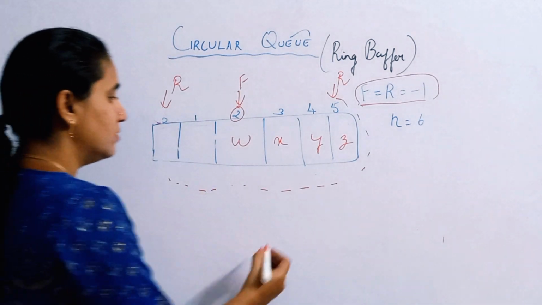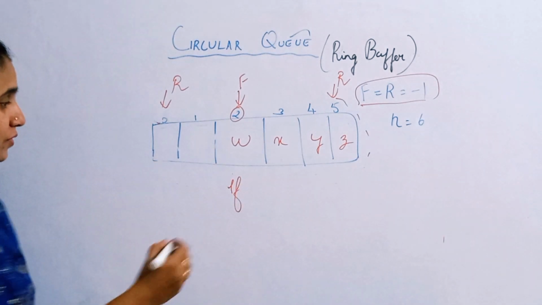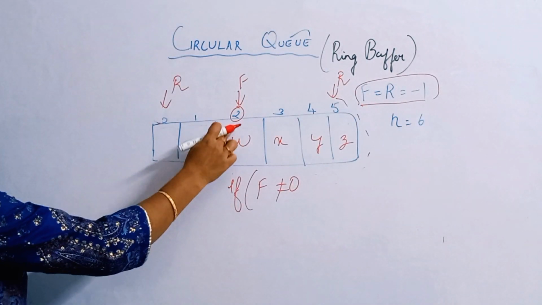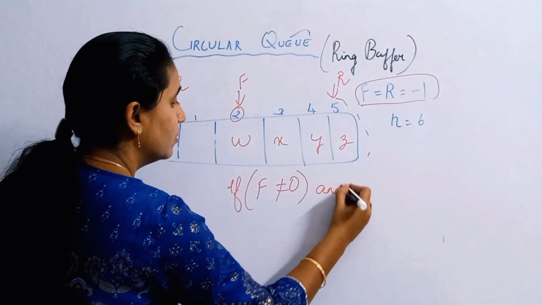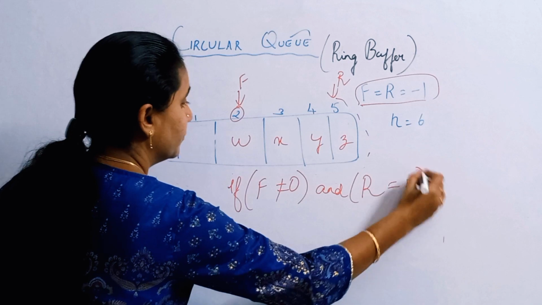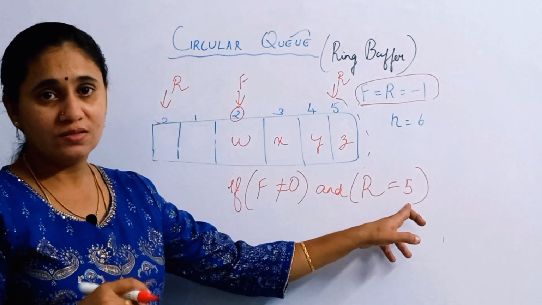Now I am going to write the condition. The condition is: if front is not equal to 0, because it is 2, it is not equal to 0, right? And R is equal to 5. So 5 is the last index value.